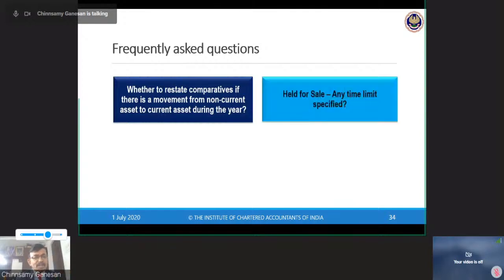Now, what do you mean by held for sale? I'm saying that this asset is held for sale. Is any time limit prescribed? The standard says that held for sale means it is highly probable that it will be sold. For example, if there is a machinery which I am now going to dispose of, I have moved it from non-current classification to current asset, non-current asset held for sale, and am showing that as part of my current asset.